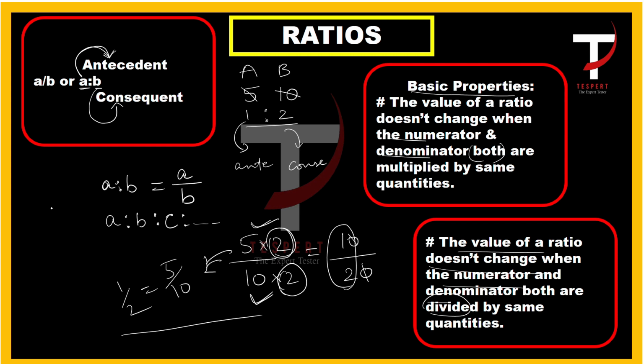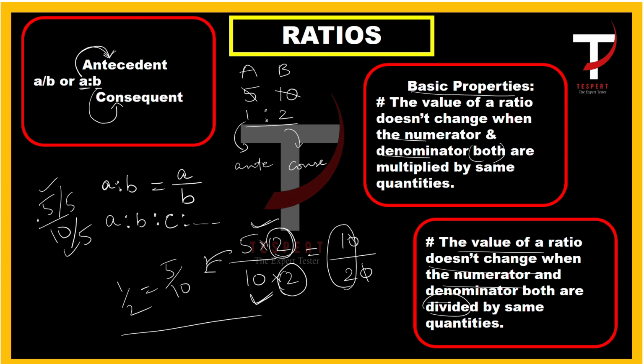Here we multiplied with 2. What if we divide by some number? Let's say we divide the numerator and denominator of 5 by 10 by the same number, 5.